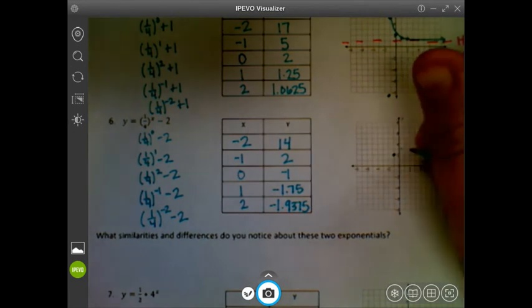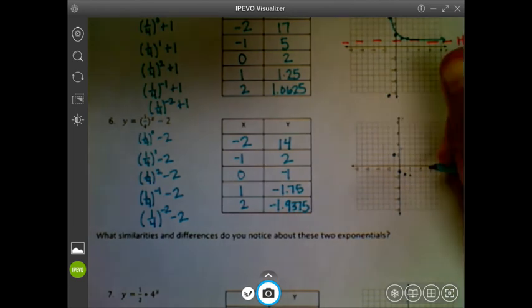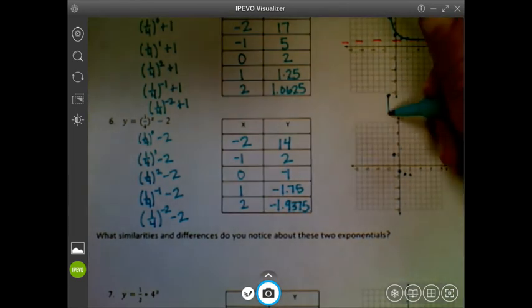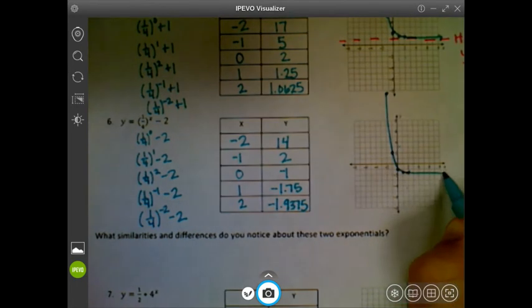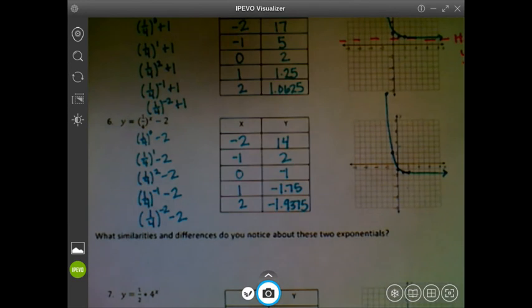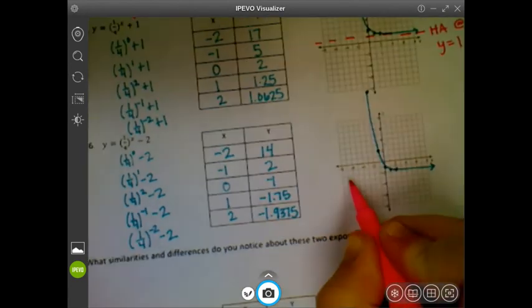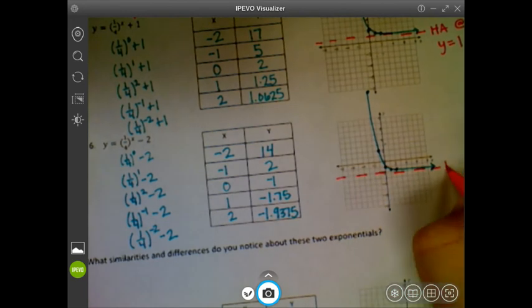Negative 1, 2, 0, negative 1, negative 1.75, and then negative 1.9375. So your graph should look like this, and then it's going to take off and head this direction. And so where did that asymptote go? Well, it started at 0, and it is now down here at negative 2.